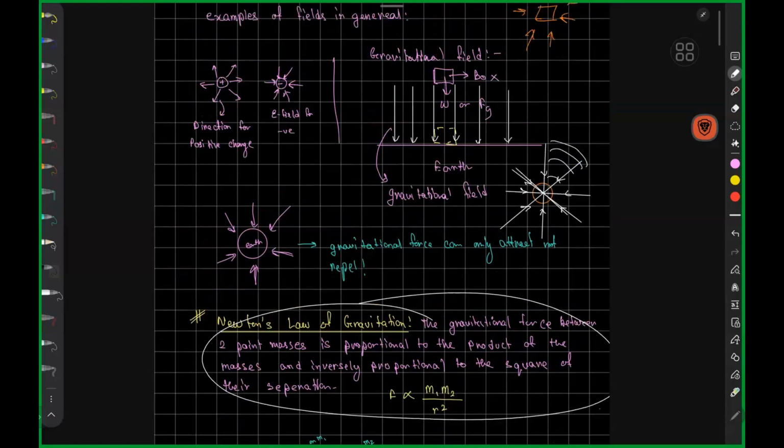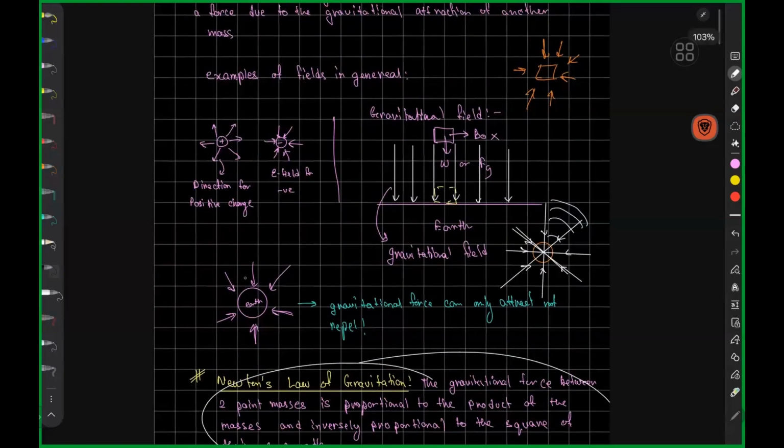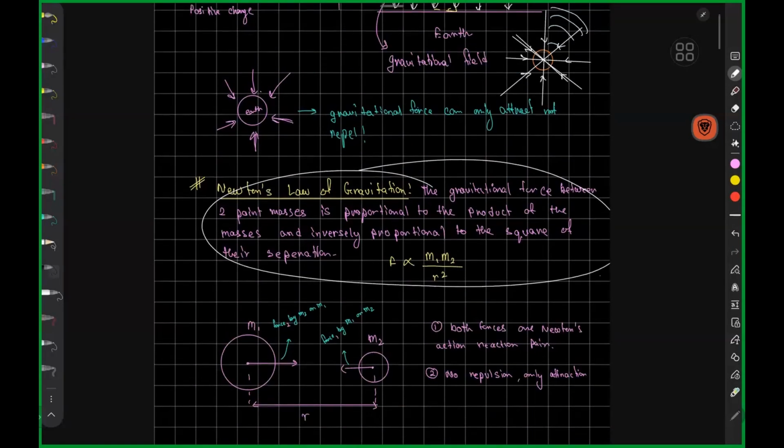If I have this Earth over here, it will tell you how much force is being exerted on this small mass at this specific distance. That is what Newton's law of gravitation will tell you. Not how strong the gravitational field of Earth is, but what is the net force on this object. We will see that in detail.